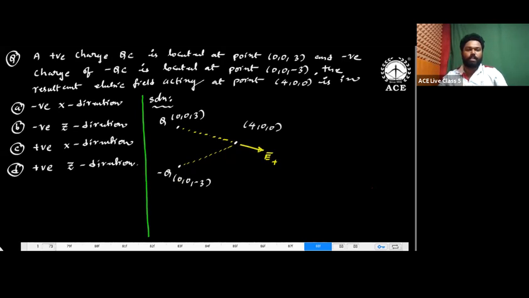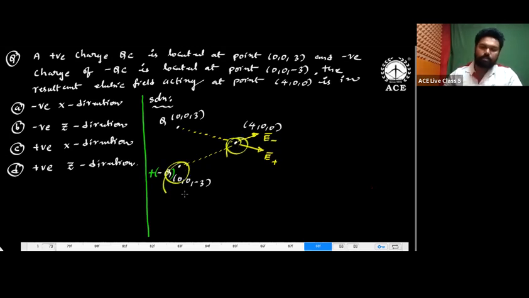But to avoid confusion, whenever the negative charge is given, put it in brackets. Consider the charge along with the negative sign. So here is the electric field E minus. You can perform this point minus this point, along with the negative sign.